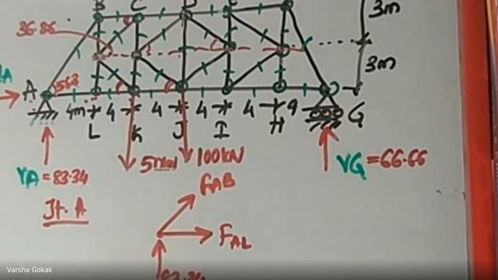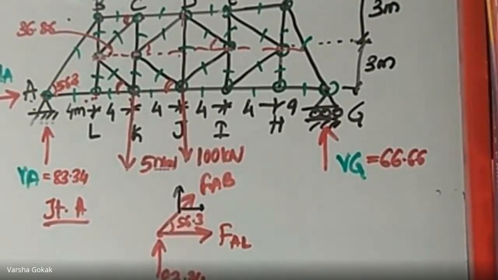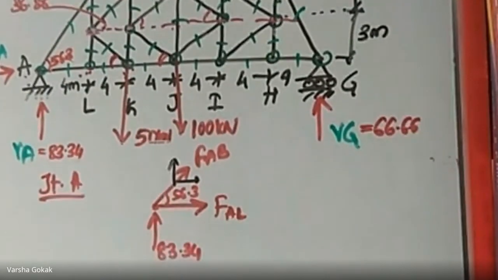H is 0, I will not write. This is 56.3. Agree? Any other forces acting there? No. Apart from that, I have to resolve these two. Always have a habit of showing the resolved forces on your diagram so that you don't go wrong. So from joint A, I have 1, 2, 3. That's it. So for this, we will apply summation Fx and summation Fy.